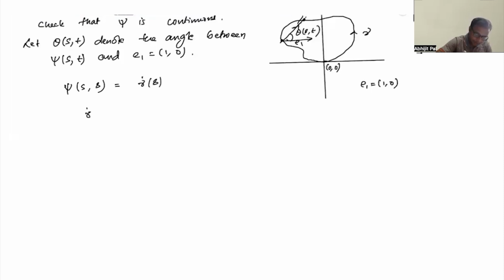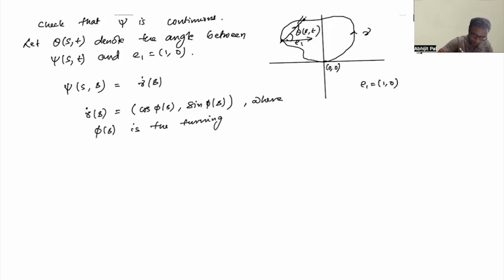So this gamma dot s will be equal to (cos phi s, sin phi s), where phi s is the turning angle of gamma at gamma s.